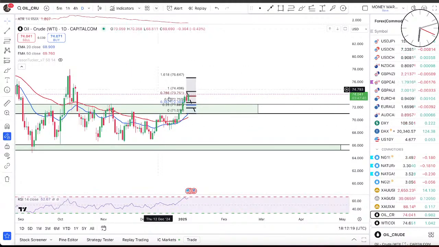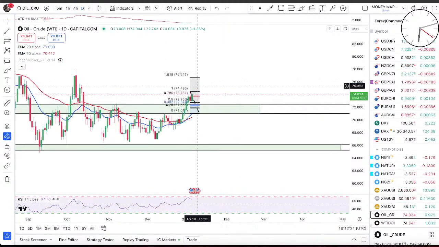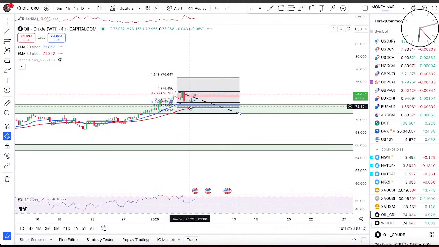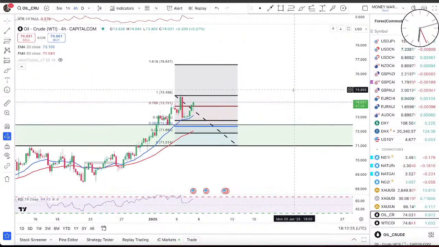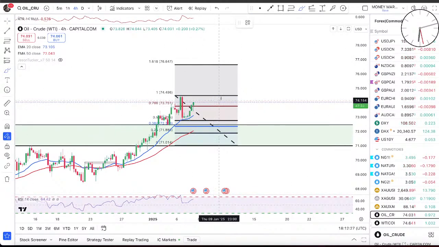So crude oil is broken above the structure level right here, retested the 50% retracement, nicely pushing up. I'm expecting it to push up to $76. WTI you're talking about, right? Crude oil.